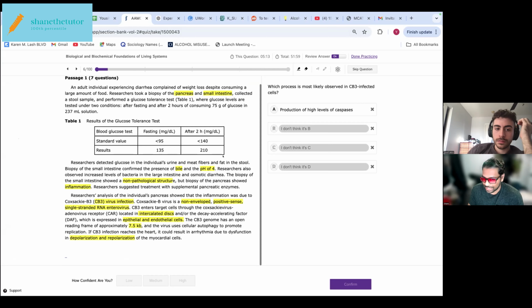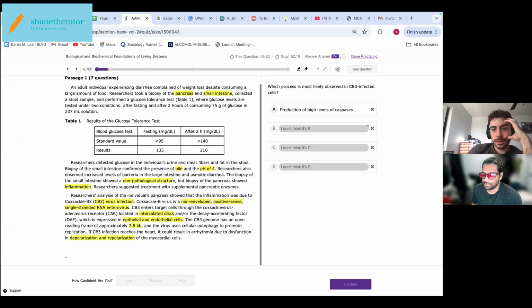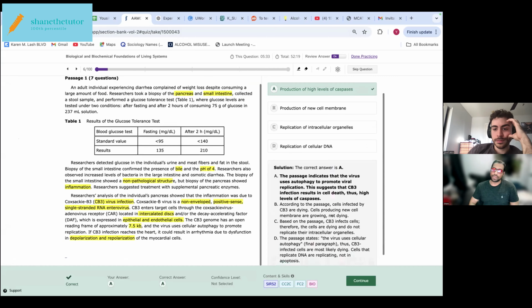So we eliminate things that have to do with replication. And that means that since we know B, C, and D must be wrong, whatever A is must be right. Okay, so see the logic there? Yeah. Because you're never going to know everything. You want to be prepared to deal with that uncertainty.